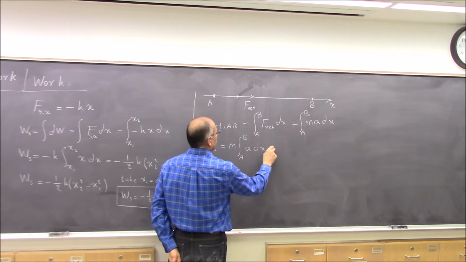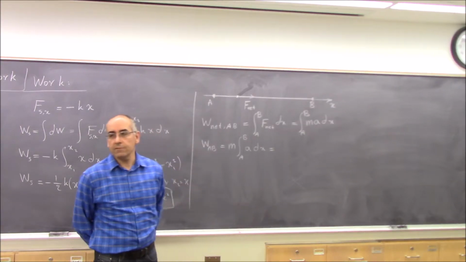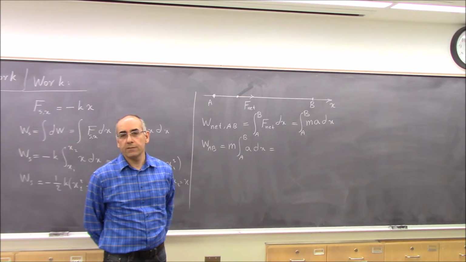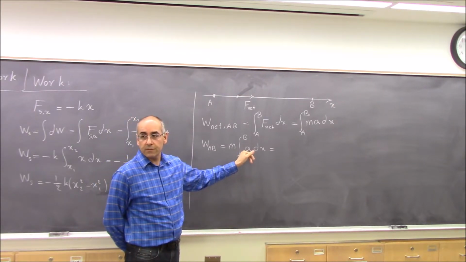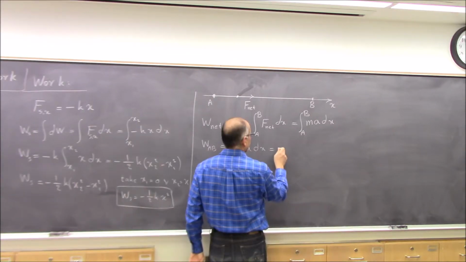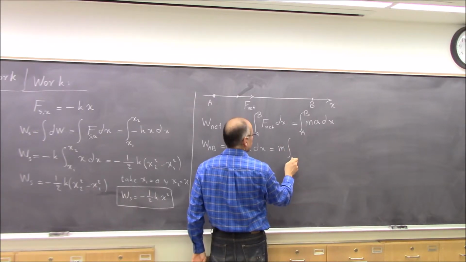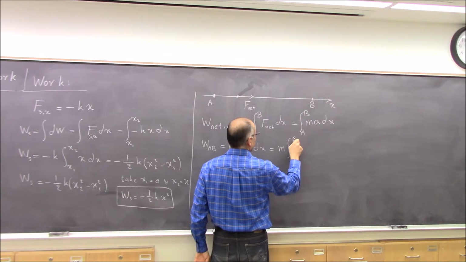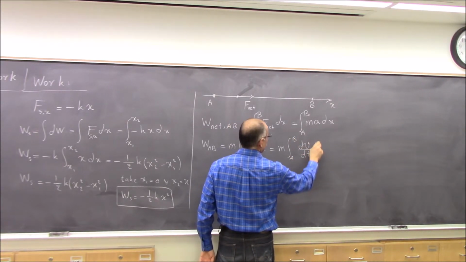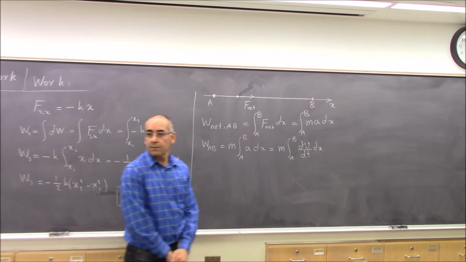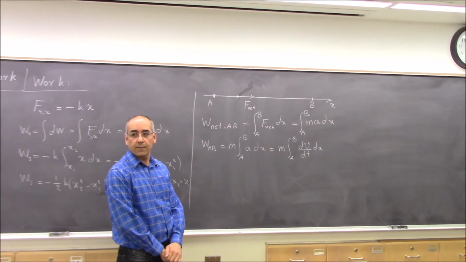W net is equal to m integral from A to B of a dx. What is a in terms of other parameters? Acceleration was dv over dt, right? You get m integral from a to b of dv over dt and dx, right?